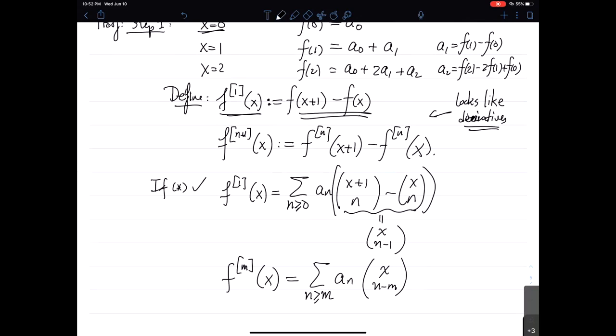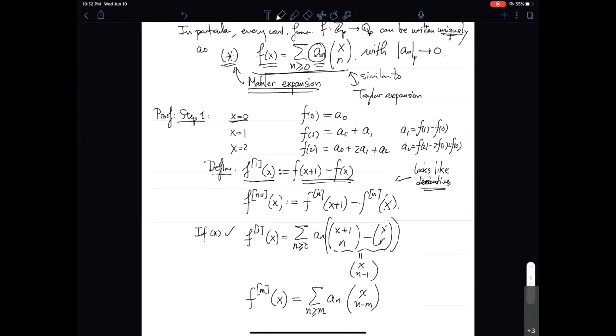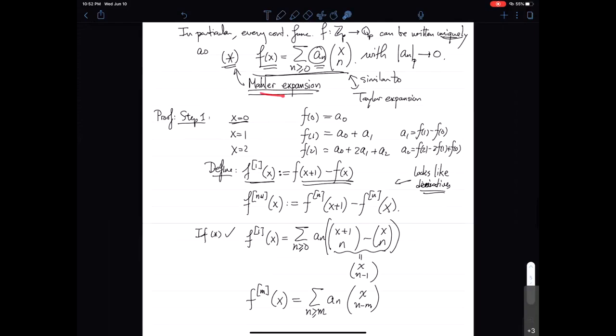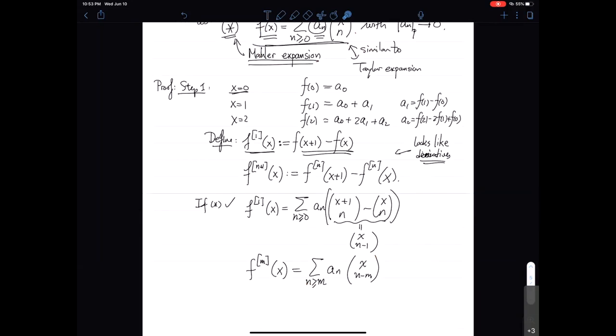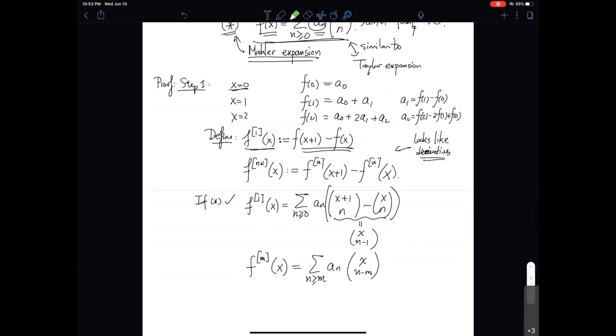So now this really looks like, if you compare this expansion to Taylor expansion, you're taking the mth difference. Somehow you move these terms to the left, or you truncate it a little bit. And even better, you can evaluate at x equals 0, and get that am is just the mth difference of f evaluated at 0.